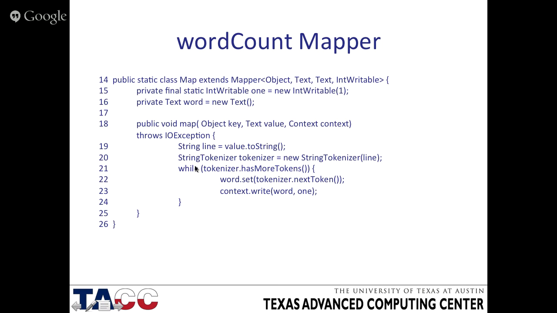In this case, the processing is really just two things. One is to split the input line into multiple words. Then for each word, you write a key value pair, the word and the integer one, as output to your Hadoop cluster.